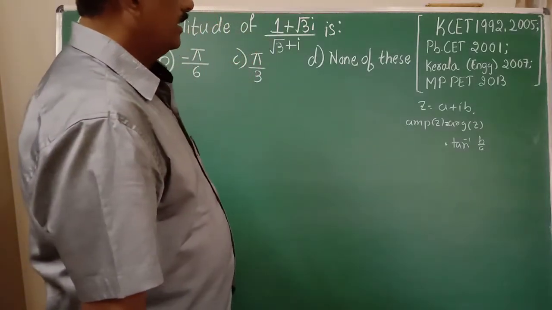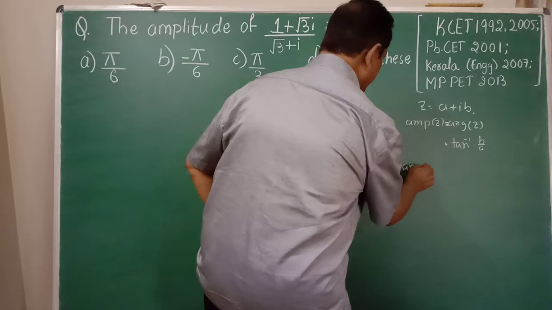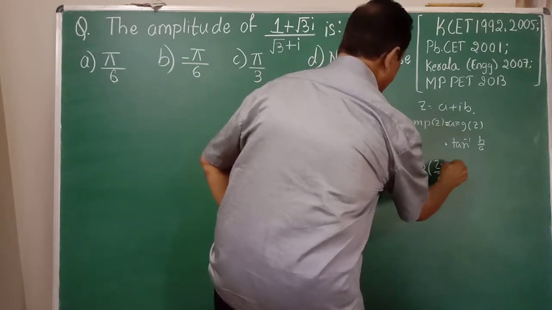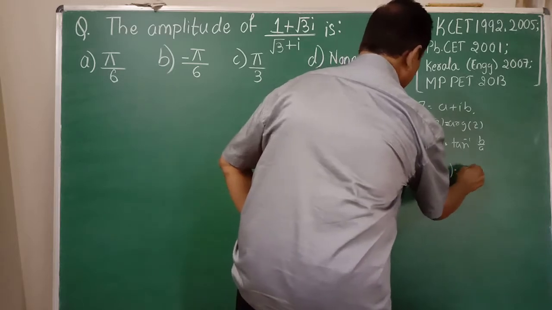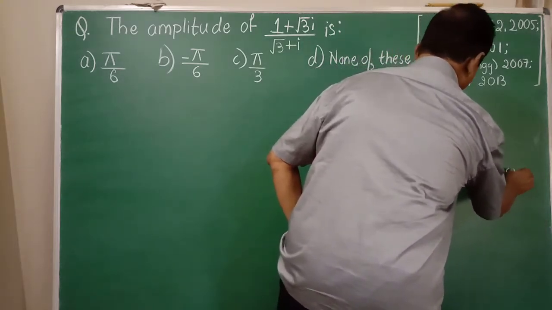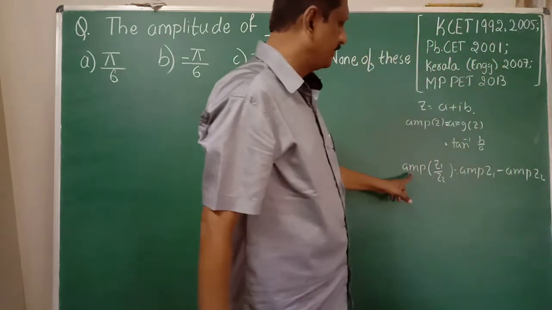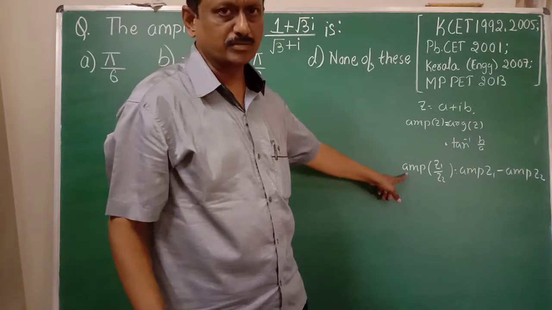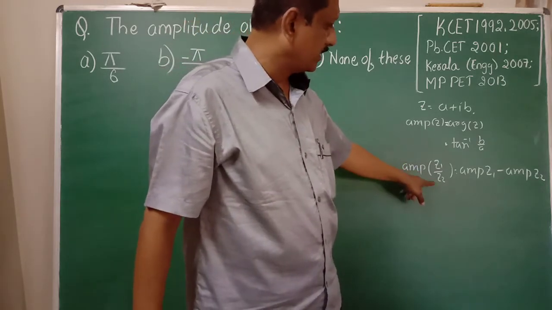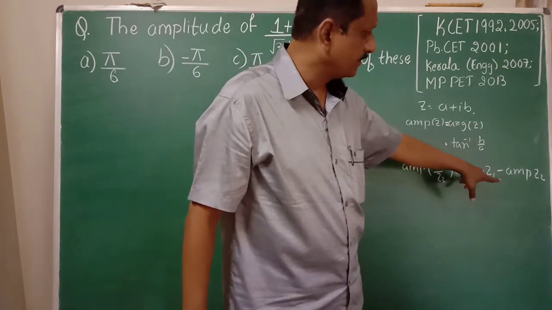And also you know that amplitude of Z1 divided by Z2 is equal to amplitude of Z1 minus amplitude of Z2. Instead of amplitude you can take argument also, both are the same.